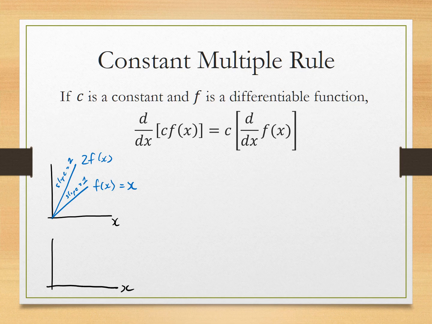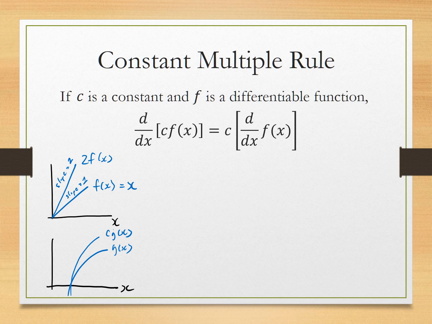But while for straight lines it's easy to see this is true, it's not as easy to see that this is true for curves, right? This rule holds for any differentiable function.